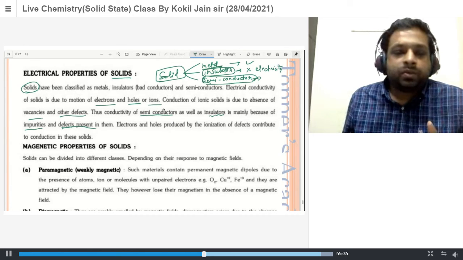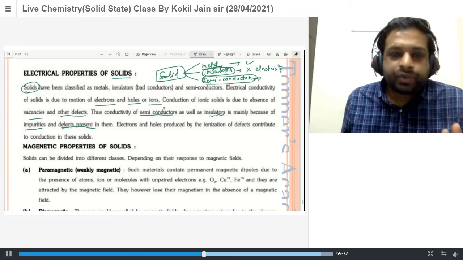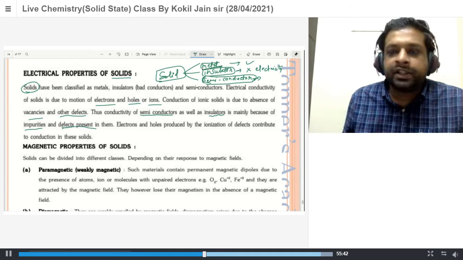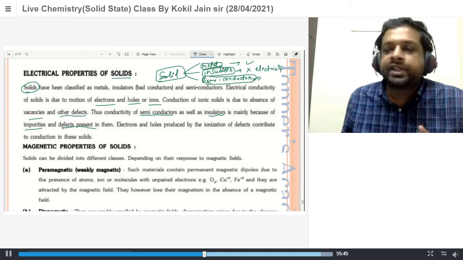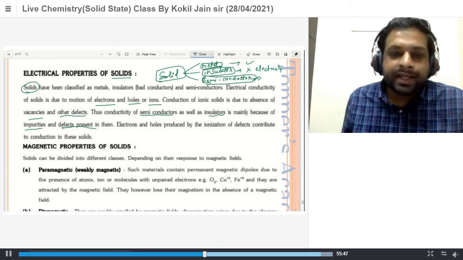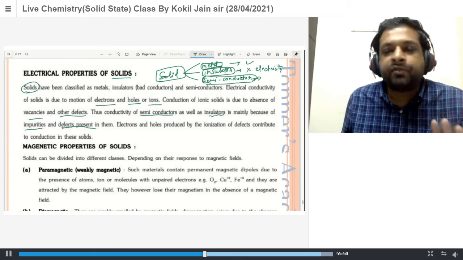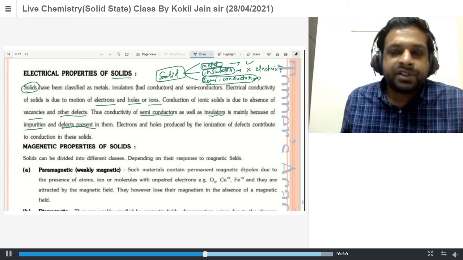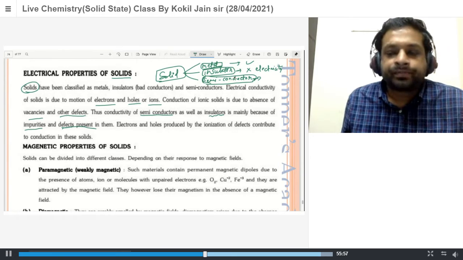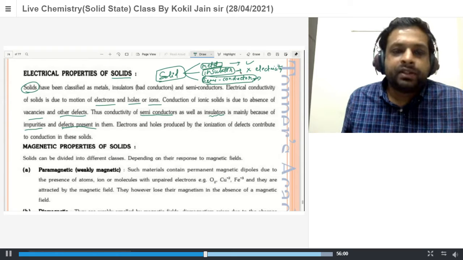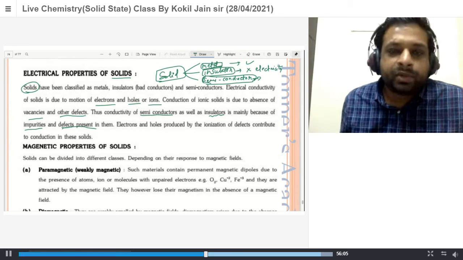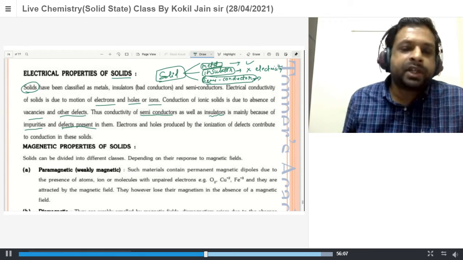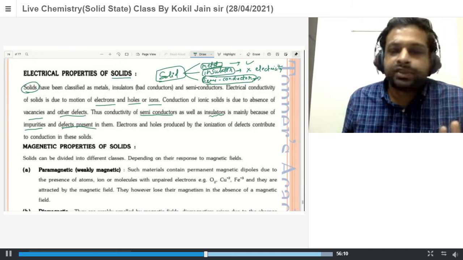Now, conductivity of solid as such metal ions is not in doubt here. Only insulator and semiconductor are going to conduct electricity depending upon what type of impurity is present, what type of defect is present in these types of crystals. You have to keep this in mind. The solids are going to show electrical properties only when there is some kind of defect and impurities.